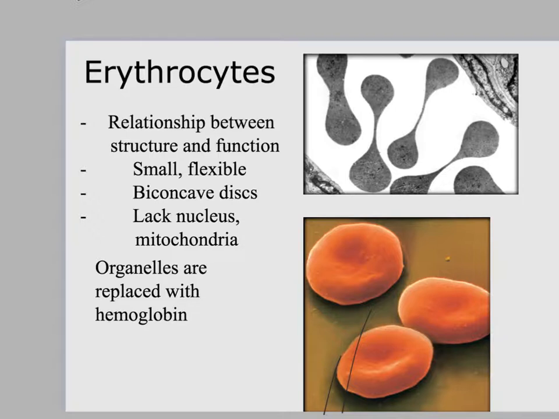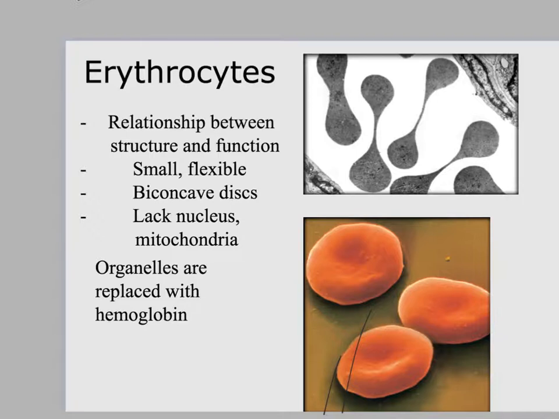All right, so erythrocytes, also known as red blood cells. It's a misnomer because they're actually not cells anymore anyways. Erythrocytes are a great illustration of the relationship between structure and function. The overall function of erythrocytes is to do what?